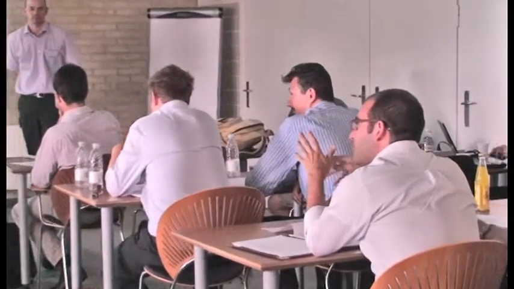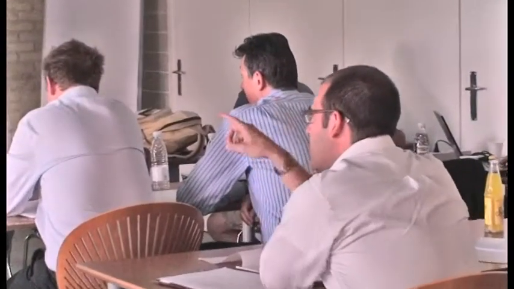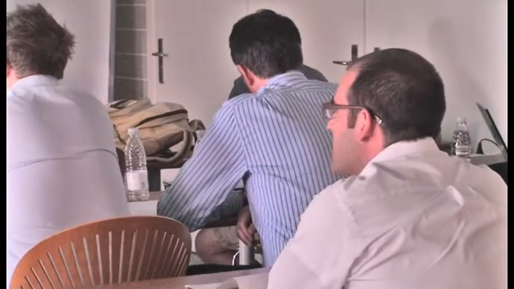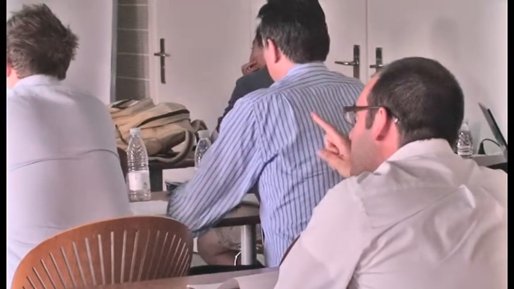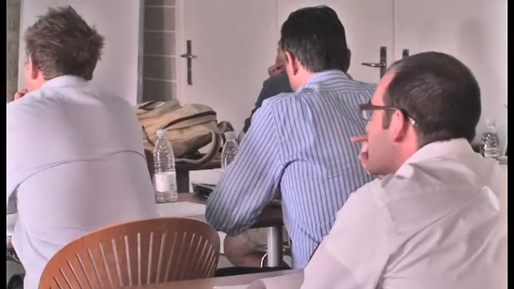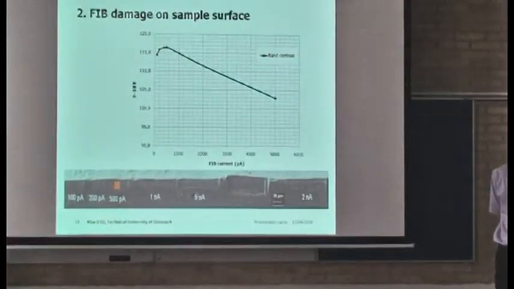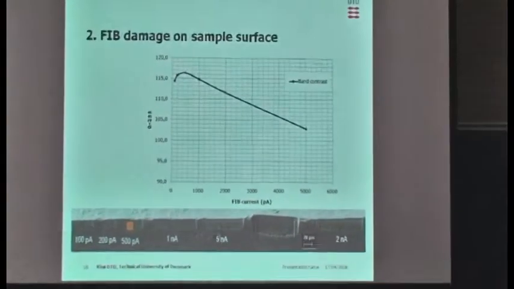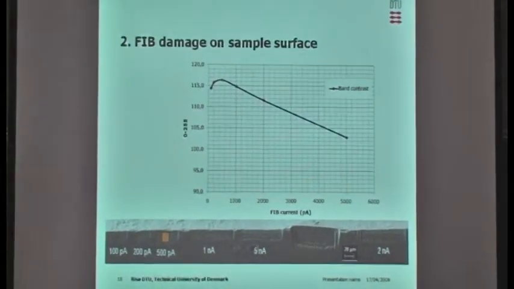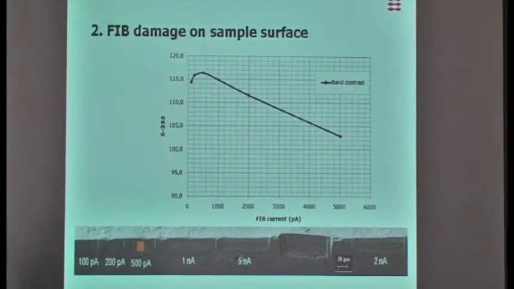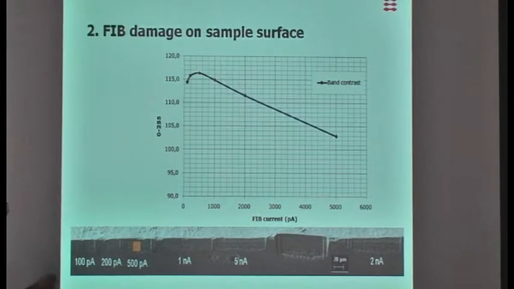One was looking at this FIB damage. Can you go back to that plot you had? I just wasn't sure what the vertical axis is. You said the higher number is better, but what are you measuring? What is band contrast? So that's about the pattern that you're actually reading?